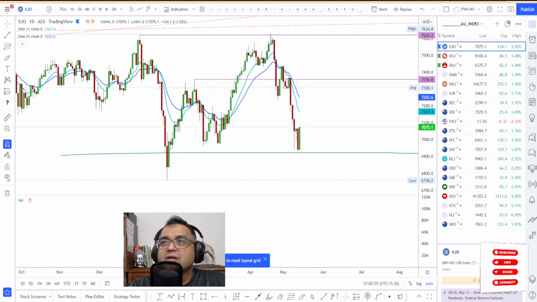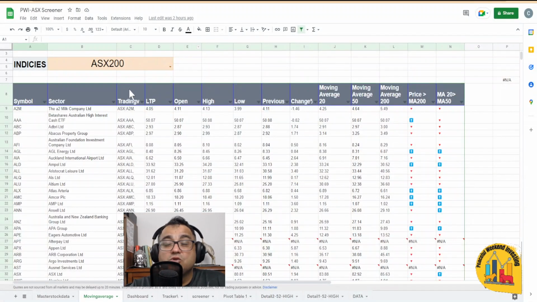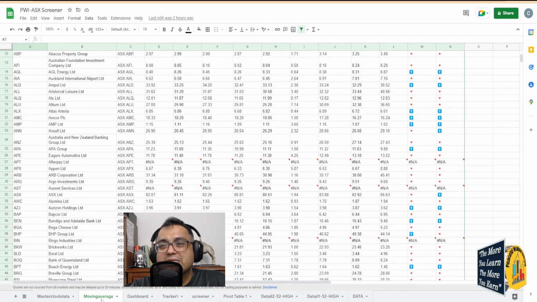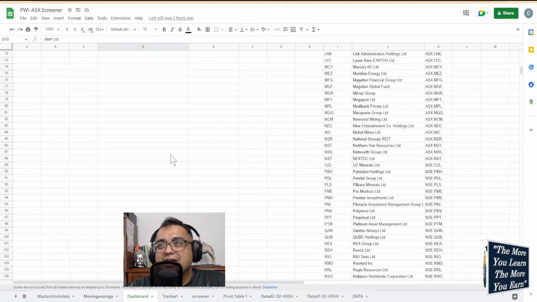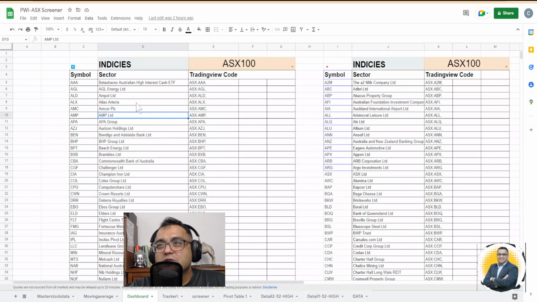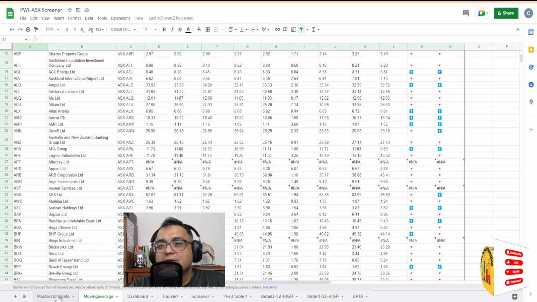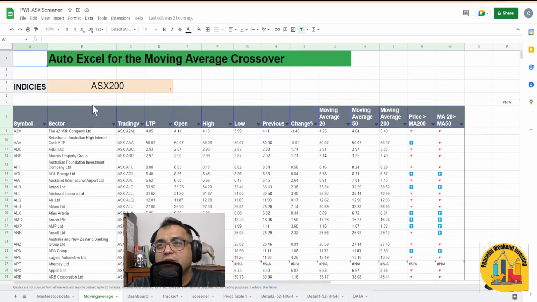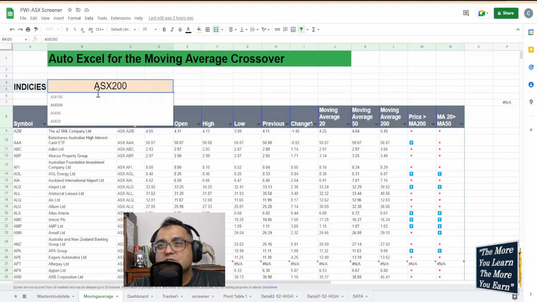So what I've done is I created a screener based on Google Finance data. This is a dashboard, and it tells me how many stocks are above or below their moving averages, looking at all the indices for ASX 200, 100.